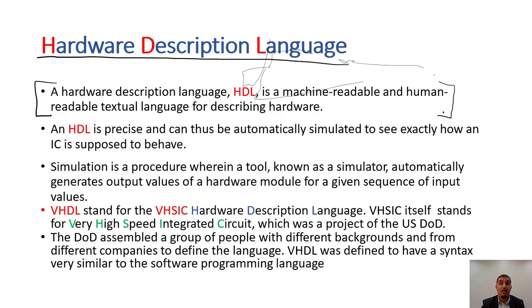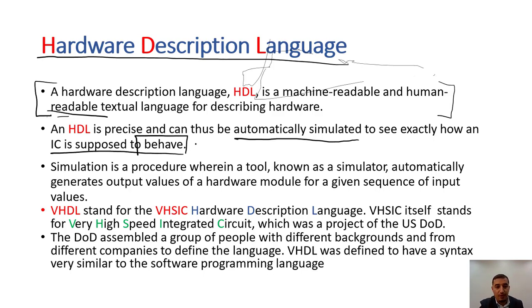This language is not like C or C++, it's even a higher level language when compared to these other languages. It has readable text. HDL is precise and can thus be automatically simulated to see exactly how an IC is supposed to behave. So it's mostly about behavior.